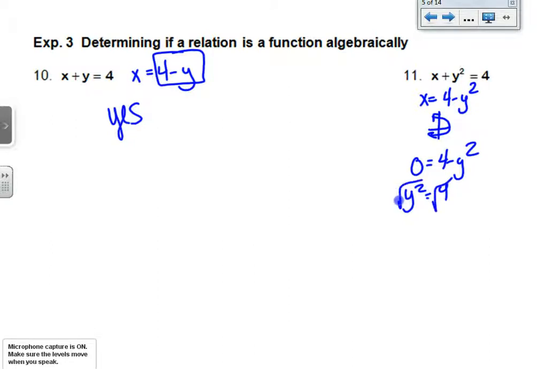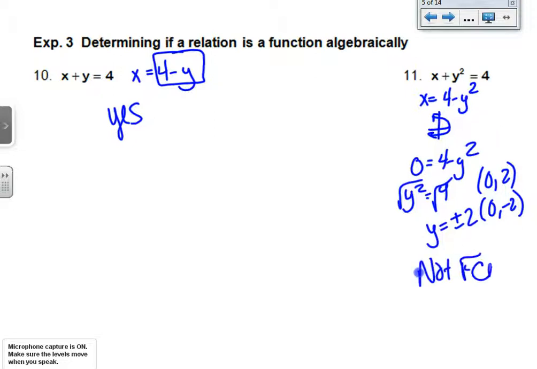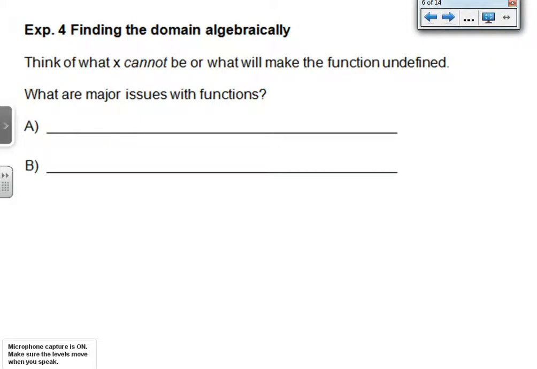And look what happens algebraically. I'm not just going to get one answer of 2, I'm going to get positive and negative 2. So for that reason alone, the fact that you could have the ordered pair 0, 2, or the ordered pair 0, negative 2, this is not a function. So you can still take a visual approach. You have to somehow justify this to yourself, whether it is or is not a function.